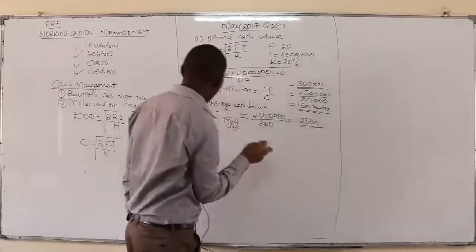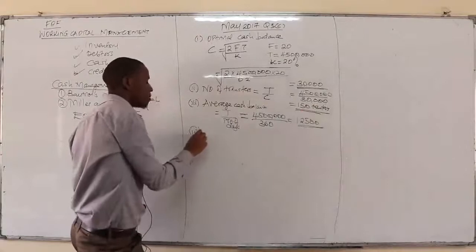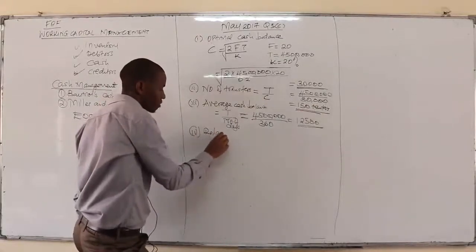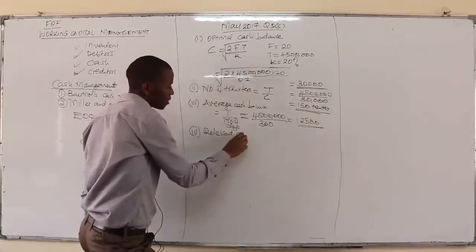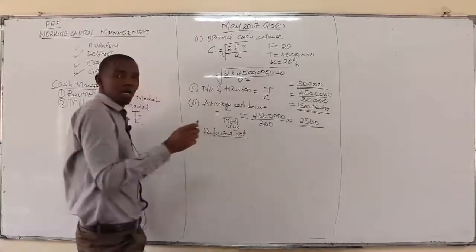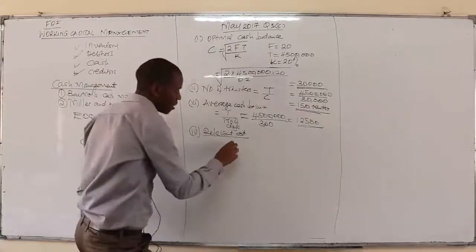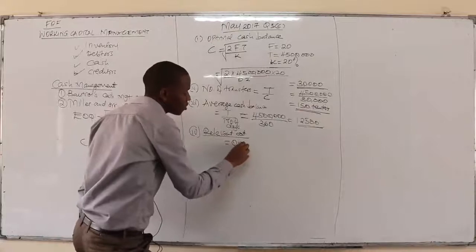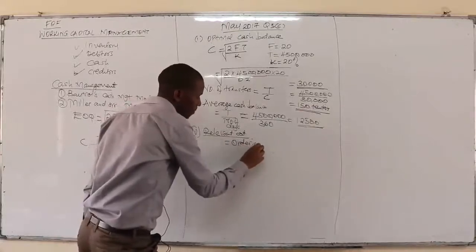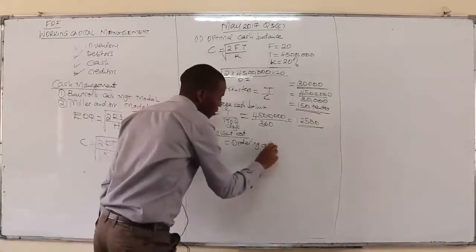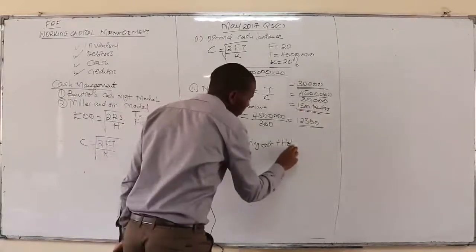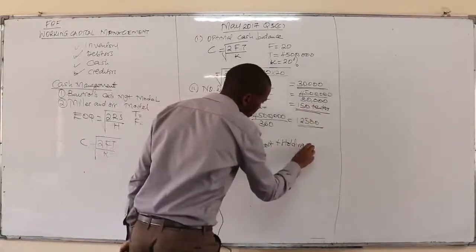Then we also ask about the relevant cost. When we talk about the relevant cost, in this case it will just be equal to the ordering cost, you add the holding cost.